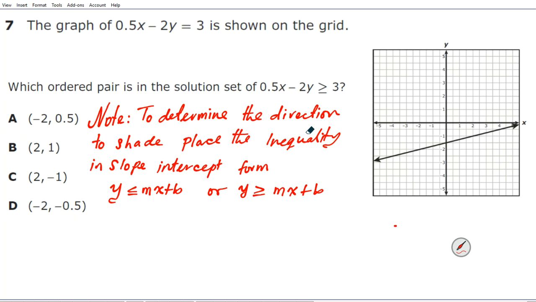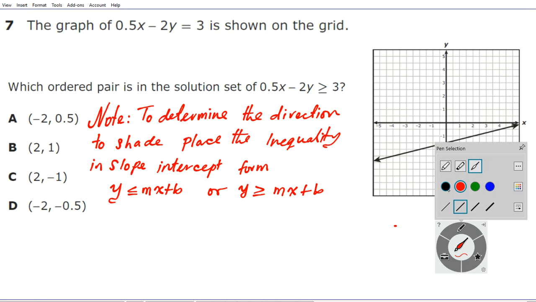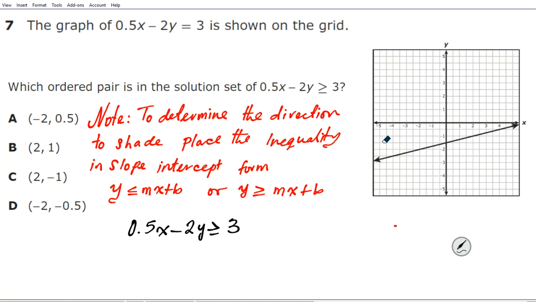What we have here is the linear inequality in standard form, 0.5x minus 2y greater than or equal to 3. We need to determine what region is going to be our solution region. Is it going to be above or below?